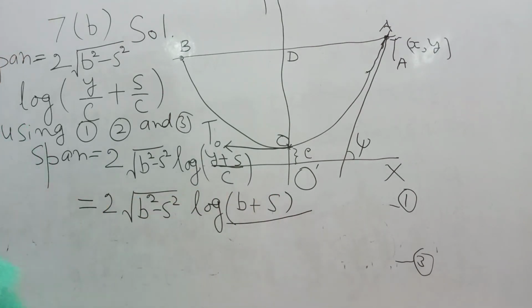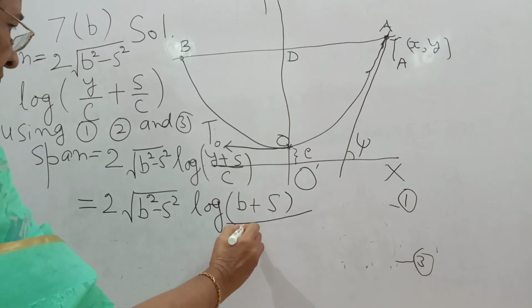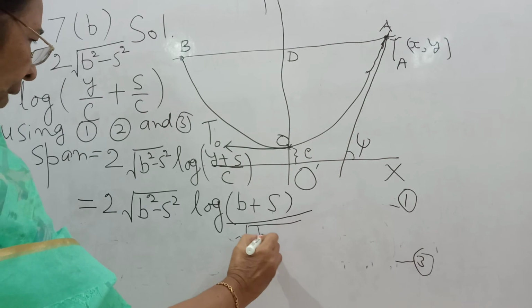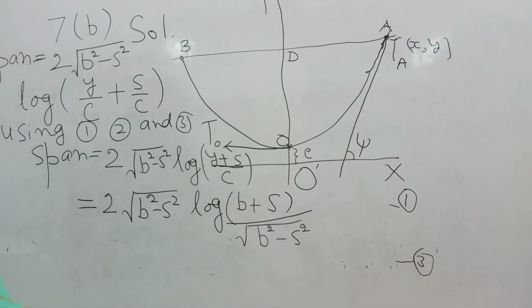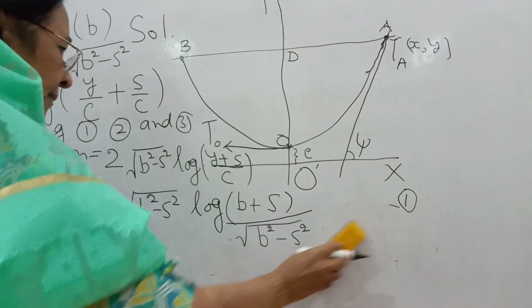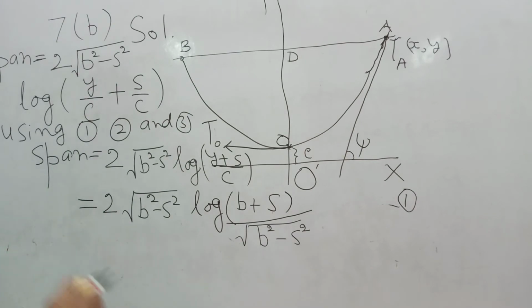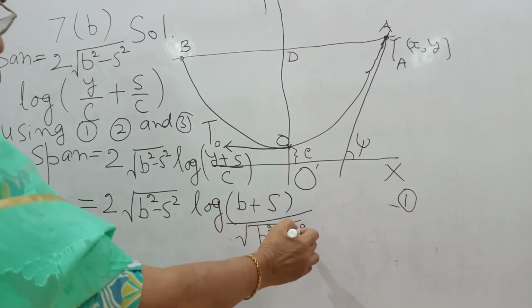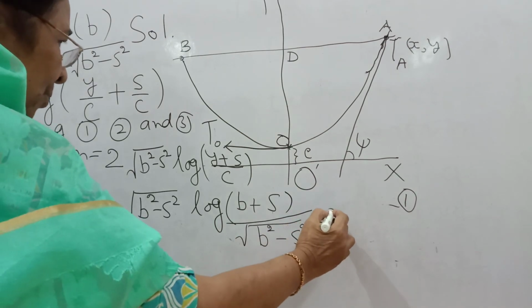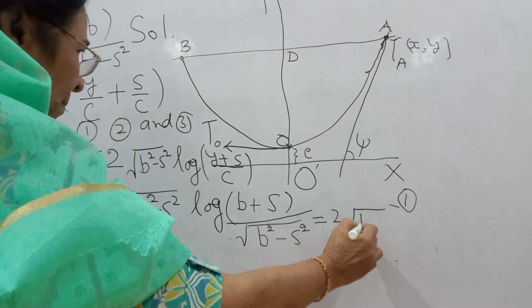Now what is C? C is under root of B square minus S square. This is our C. Okay. So this is B plus S into 2 under root B square minus S square.